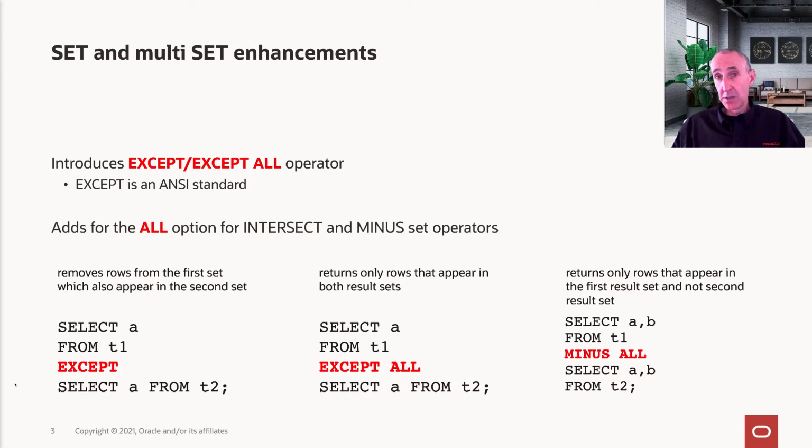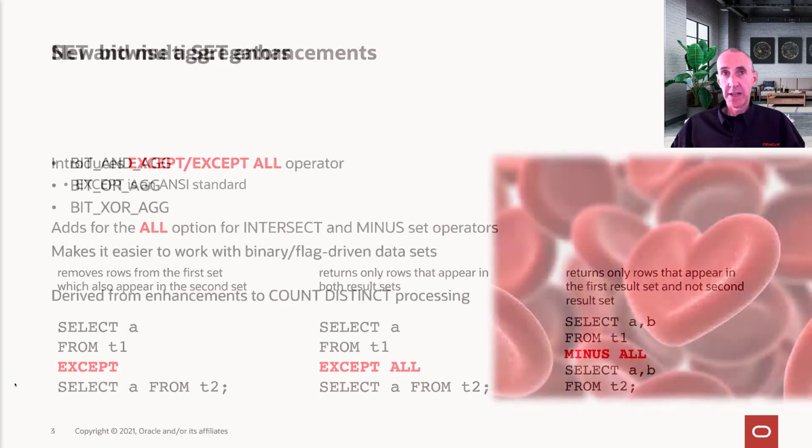This is useful not only to make sure that your code is ANSI compliant, but most importantly if you're bringing workloads over from other database platforms. You just bring the code in and it will work inside the Oracle database with no changes. So that's a big win.